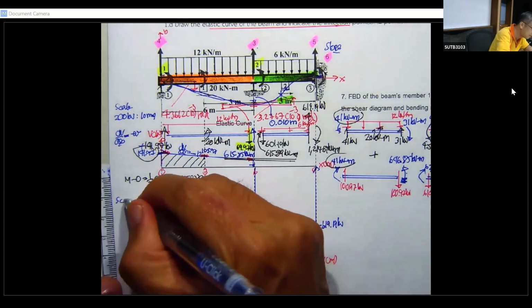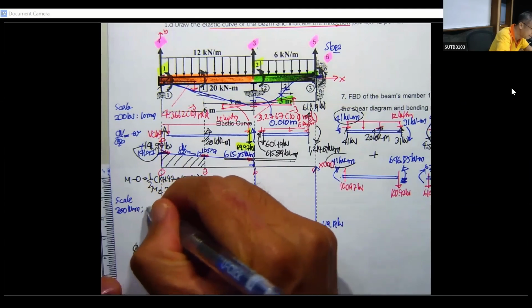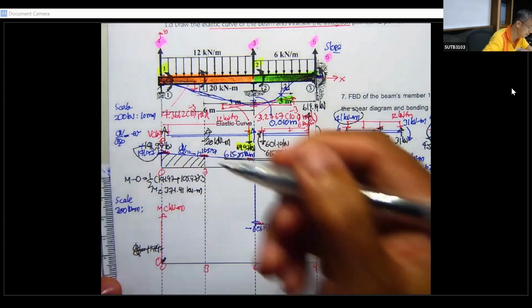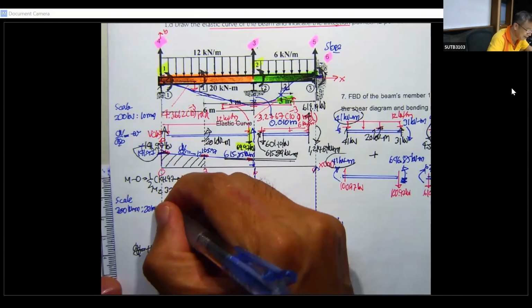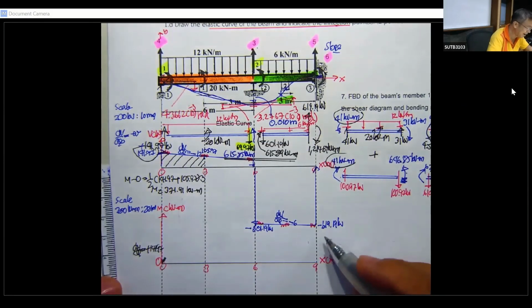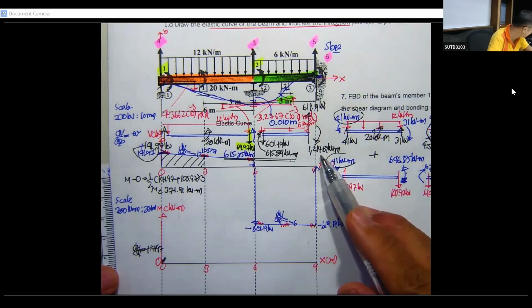Now you have to use your scaling again. Use the scale 200 kilonewton meter per 20 millimeter, because over here is very large. If I use 10, I'm going to have, wow, that is going to be 12 centimeter. That is too much, okay?